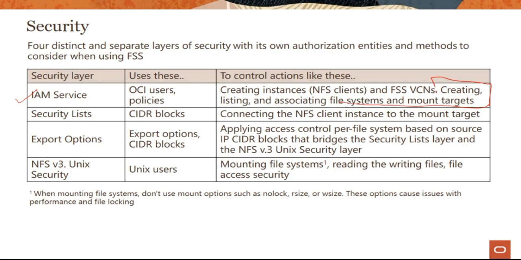All those control plane activities can be controlled by your identity service. So you create your users, add the users to groups, and write policies. So you do authentication and authorization, and if these users don't have the correct level of permissions, they cannot create file systems, mount targets, compute instances, and virtual cloud networks. Pretty straightforward. We talked about that previously.